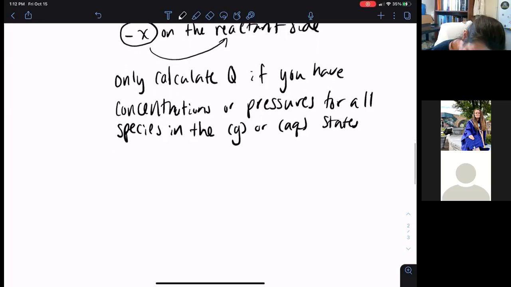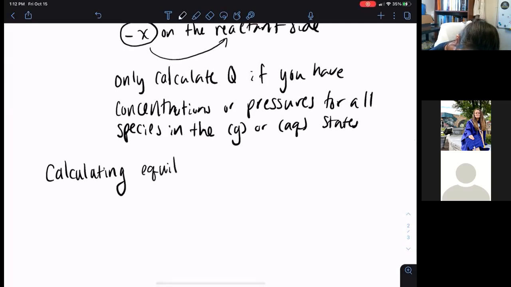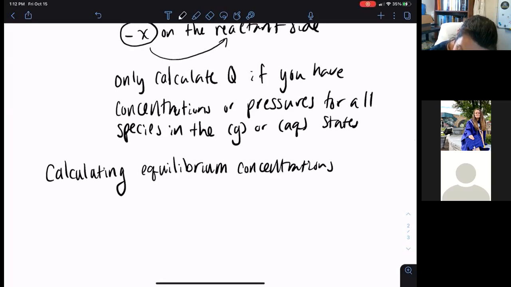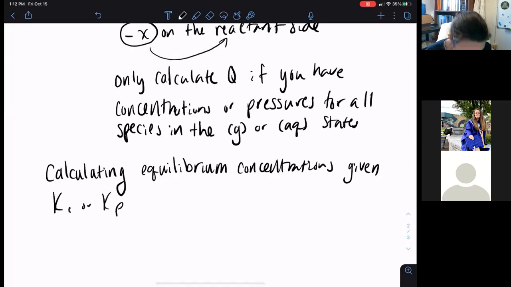Then we had calculating equilibrium concentrations given K, Kc or Kp. I feel like this is something that it's good to see several times.